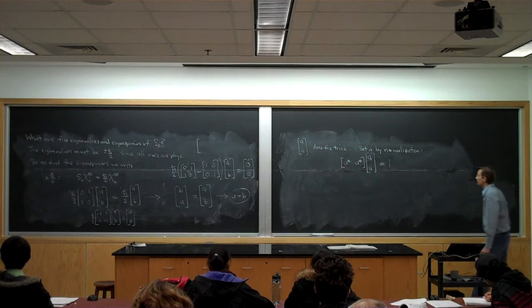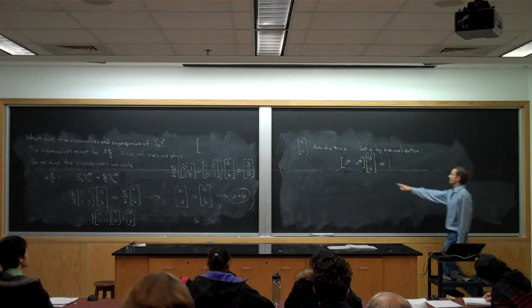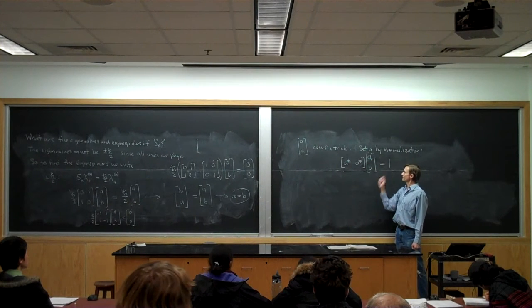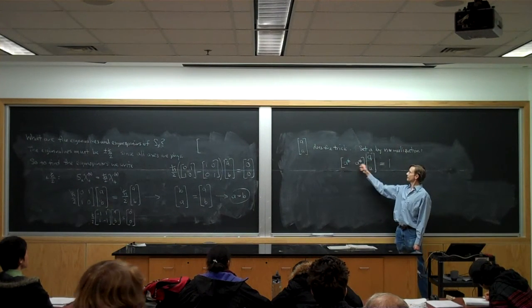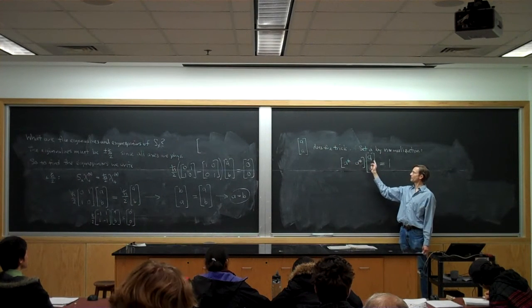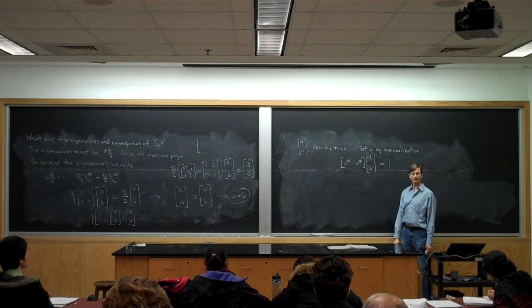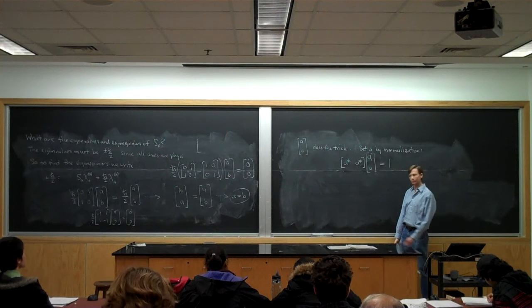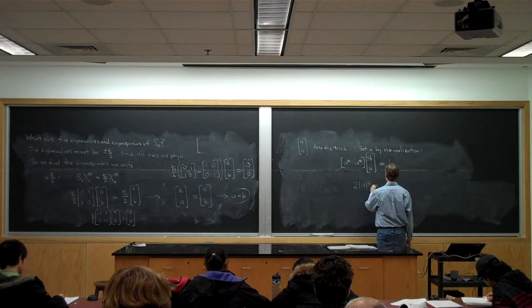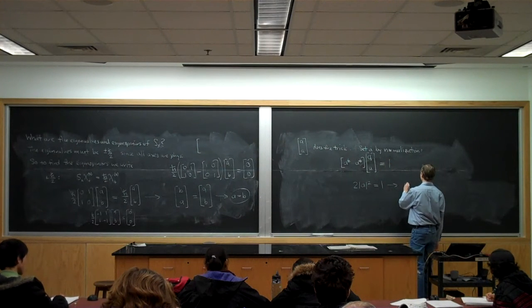So this multiplication, the spinor dagger times the spinor is equal to 1, and what does this result in? If I multiply this row times this column, what do I get? 2 absolute square of a. Yeah, so this says 2 absolute square of a is equal to 1.